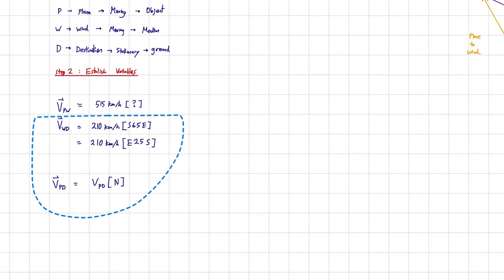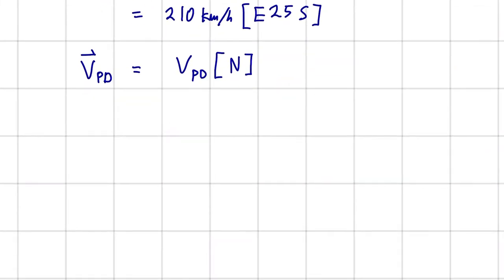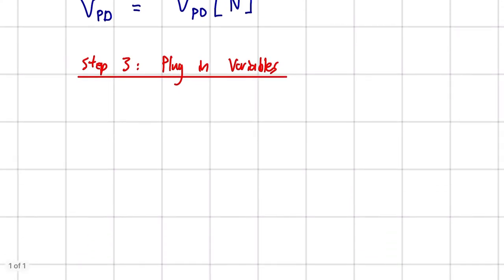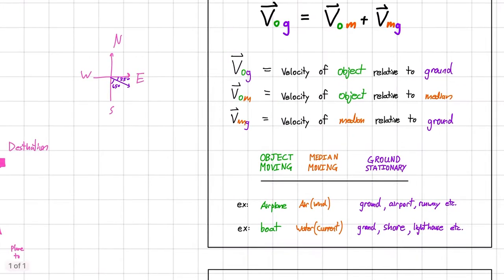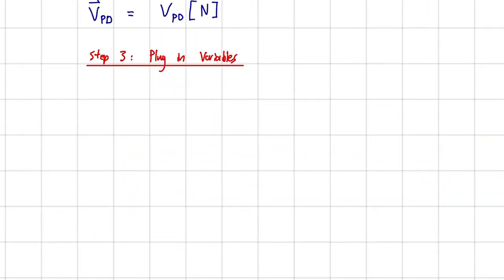All right, I'm actually just going to compress this a little bit so that can make space for step 3. Step 3 is to plug in variables. So we have our equation. What I'm going to do is come up here. Here's our equation for relative velocity. I'm going to copy that down here.